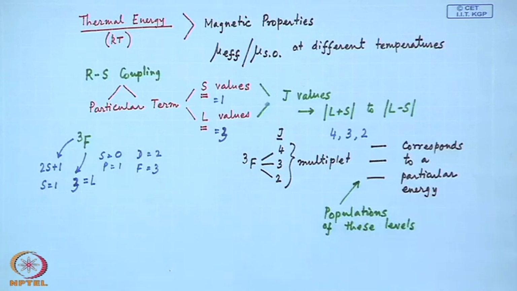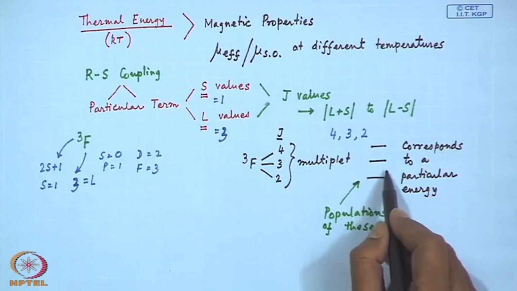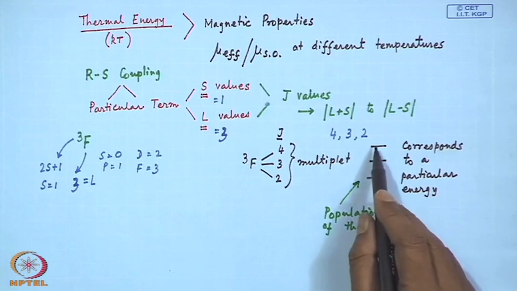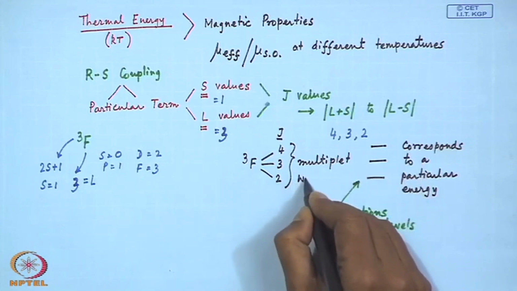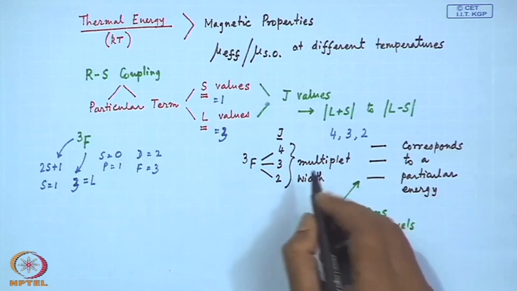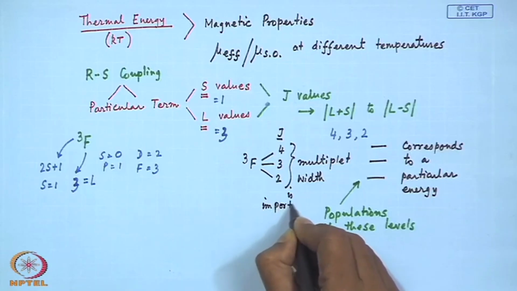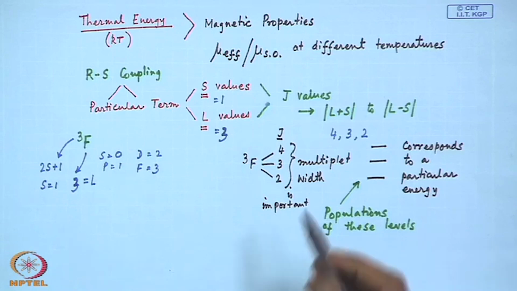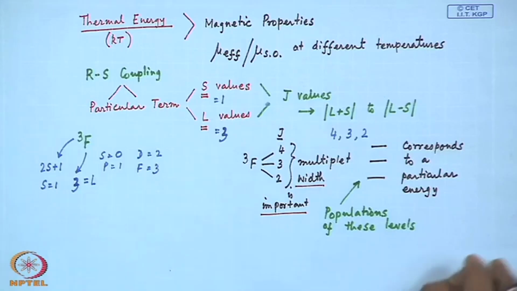The population of these levels gives us some idea whether our magnetic moment will be due to the population of the ground state, the excited state or the second excited state. So in this case, the multiplet width is important. We will see how this multiplet width can control the magnetic moment and what formula we can use to determine it.